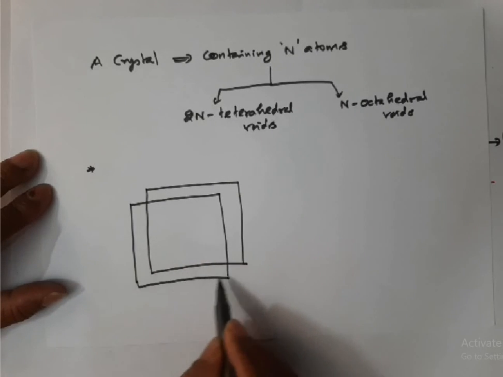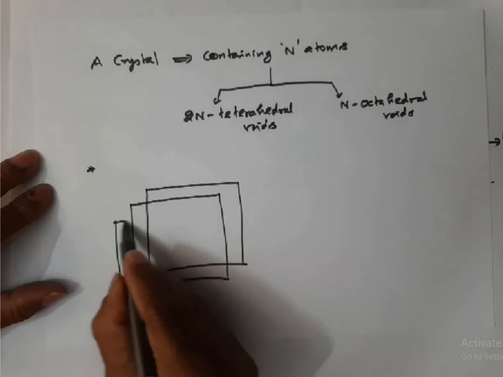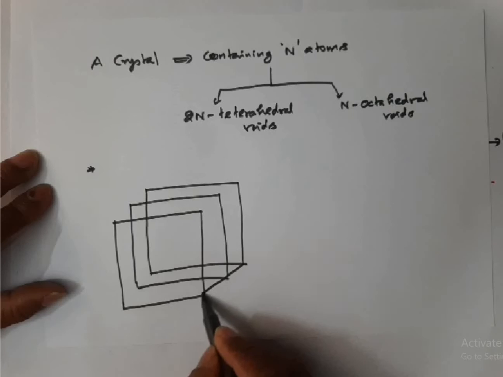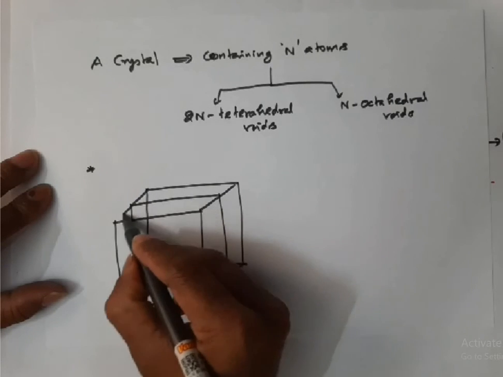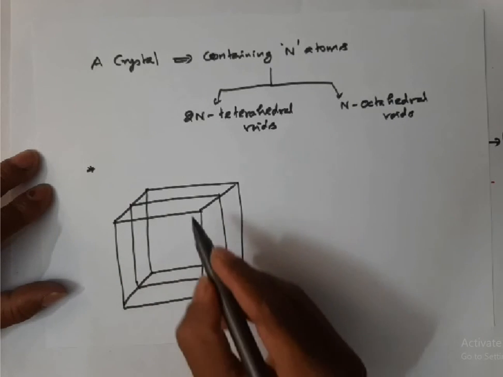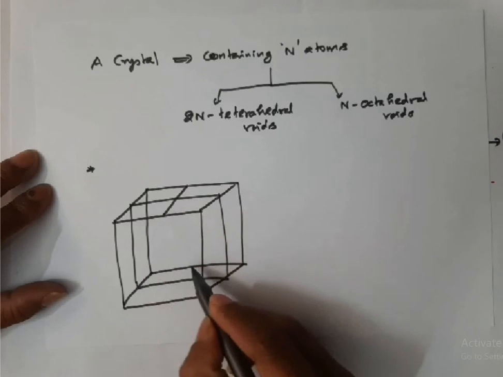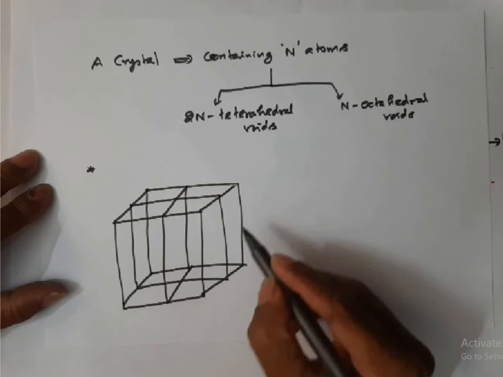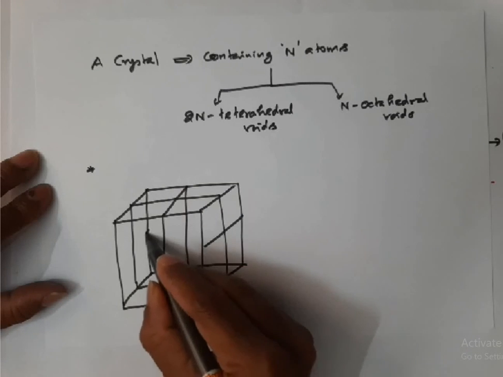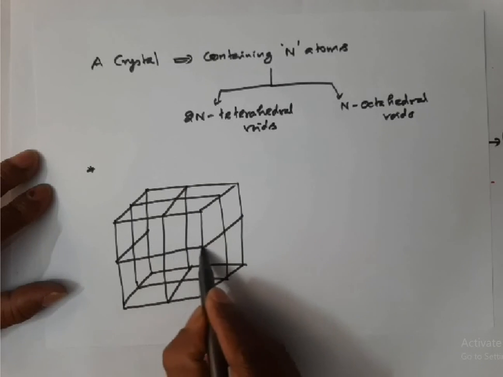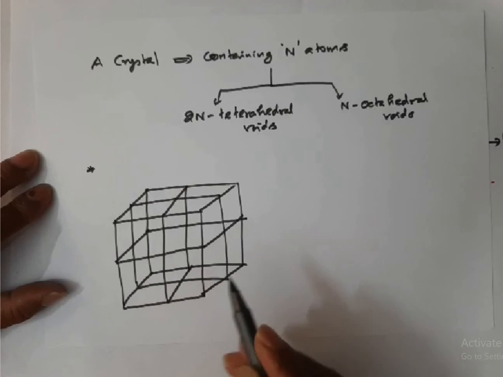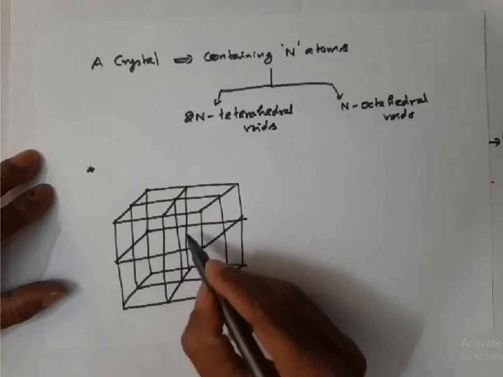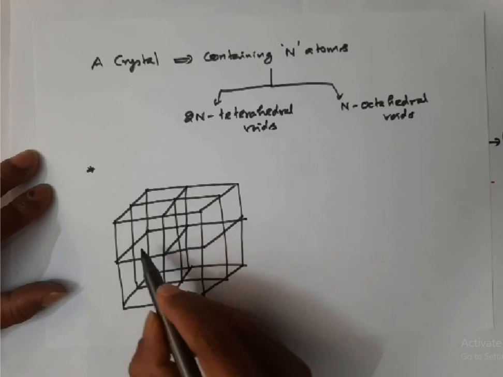I'm just drawing a cubic unit cell to show you how tetrahedral voids and octahedral voids are present in a cubic unit cell. Don't worry about this diagram. By practice, you can easily do that, but right now it is not necessary.